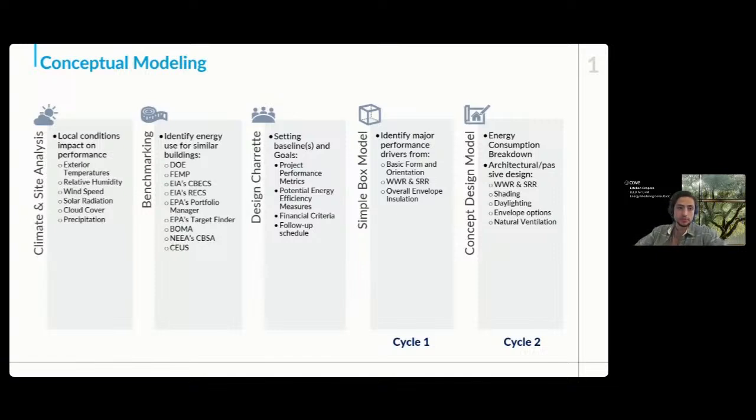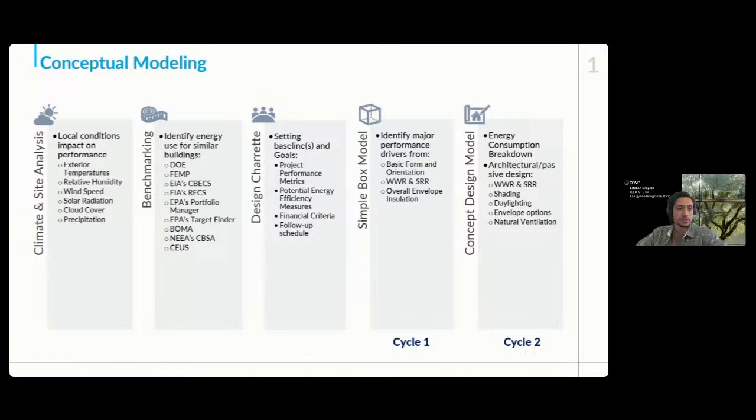You always need to compare to something. So defining what's the baseline for that building, what is the energy consumption of similar building uses. It's very wise to do very early on, in the pre-design phase. You can use any sort of reference for existing building data, but of course these that I put here are solid, more advisable.